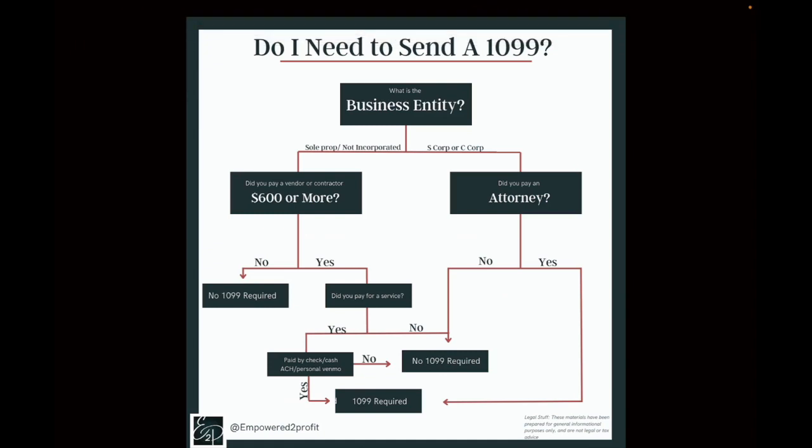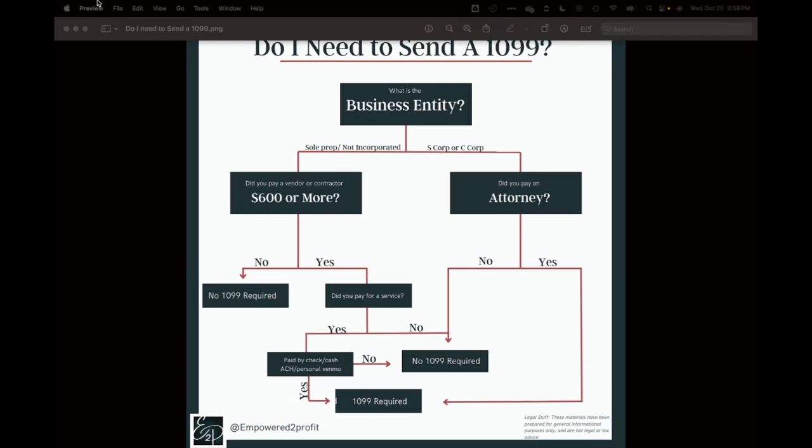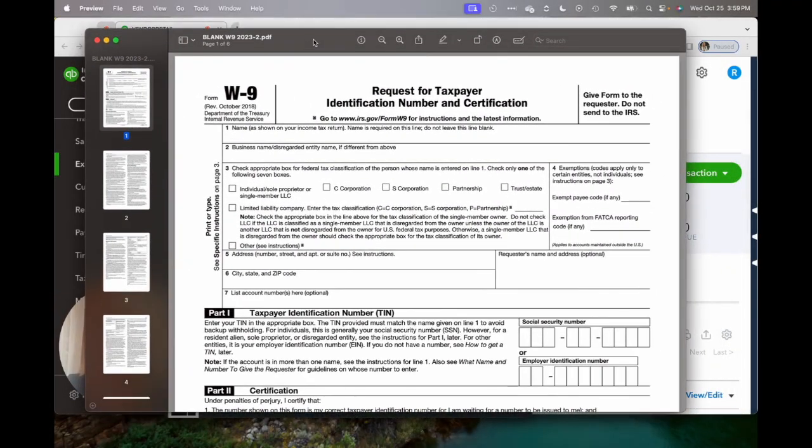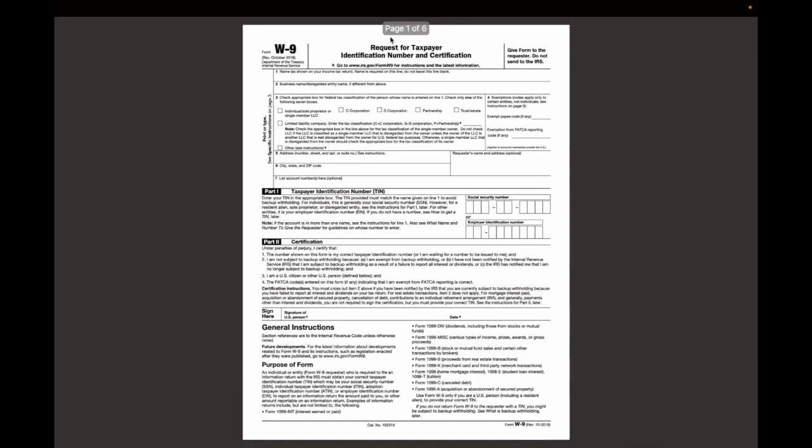So a W-9 form is an IRS document that business owners can give to other business owners that indicates what kind of entity they file taxes as. So this is your W-9, and this is what you will be receiving from the person that you are paying. And this box number 3, this is where they will have checked whether they are a sole proprietor, a single member LLC, or a corporation.